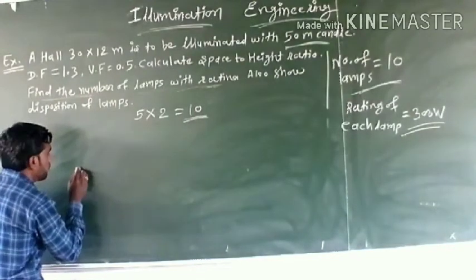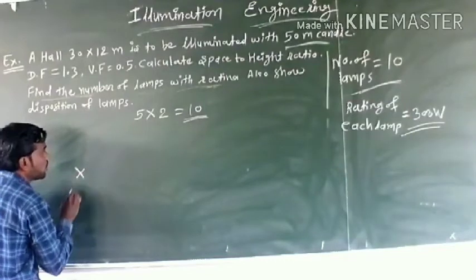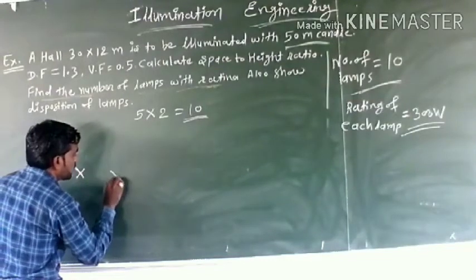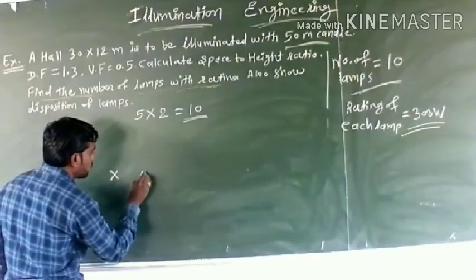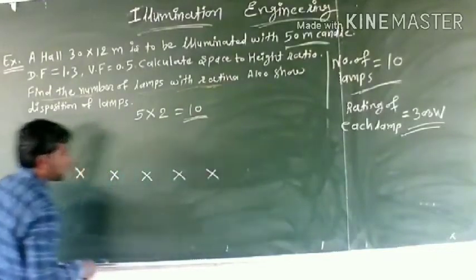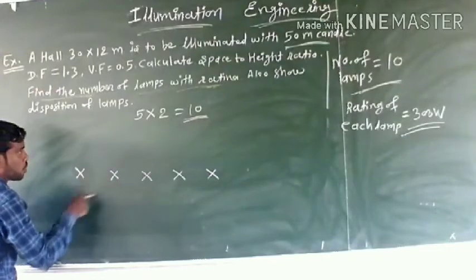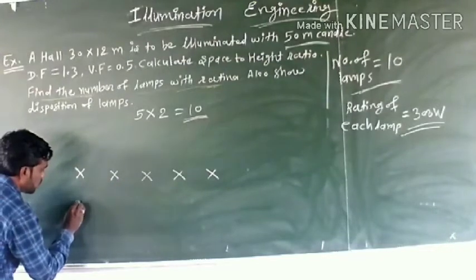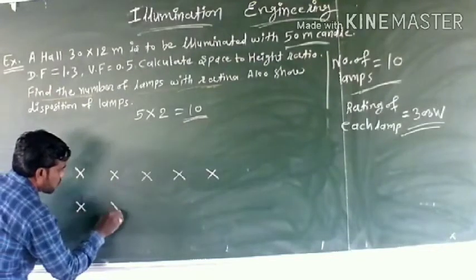So here, first, second, then 3, 4 and 5, that means a total of 5 lamps in length. Then again in width 2, first, then second.